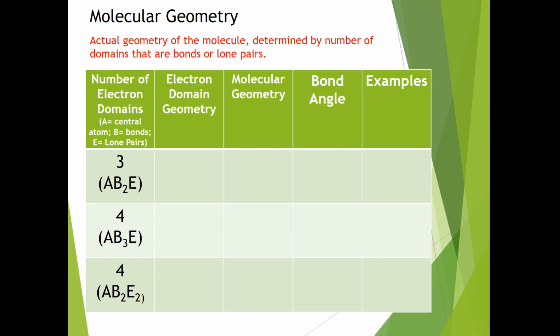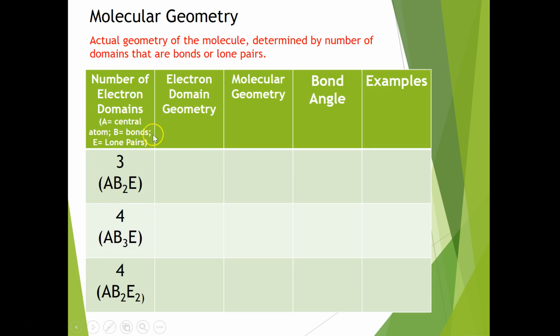So just here, I want to note really quickly, if there's two electron domains around the central atom, then both the domain geometry and the molecular geometry will always be linear. But sometimes the same electron domain geometry can give rise to more than one molecular geometry, which we'll see here.